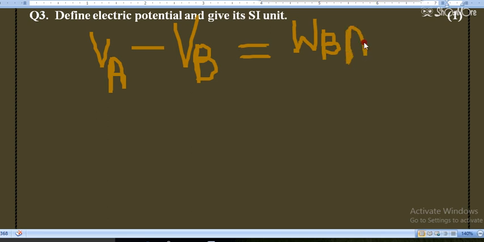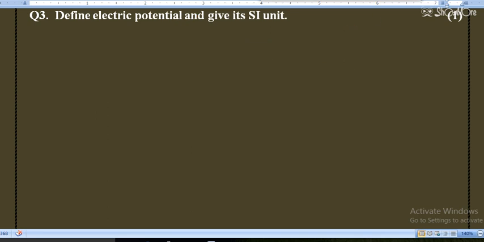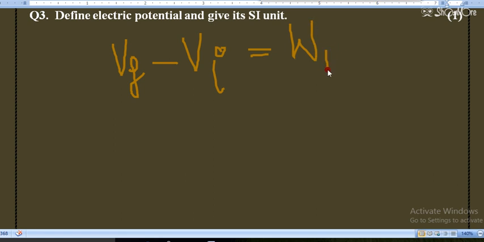You can note down this point. Basically, V final point potential minus initial point potential is equal to the work done by taking the charge from initial position to final position, divided by work done per unit charge.